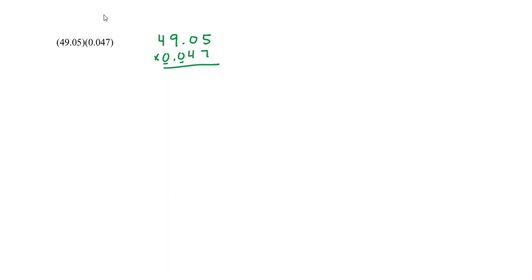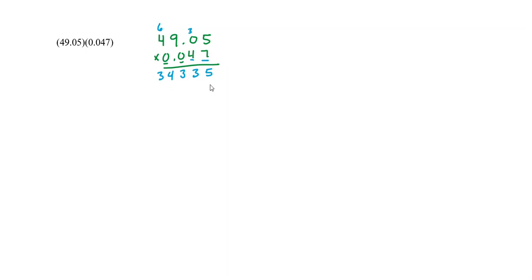So we're only going to multiply by two digits, the 4 and the 7, and we'll start with the 7. It's the smallest place value. 7 times 5 is 35. 7 times 0 is 0, plus 3 is 3. 7 times 9 is 63. Carry the 6. 7 times 4 is 28, plus 6 is 34.